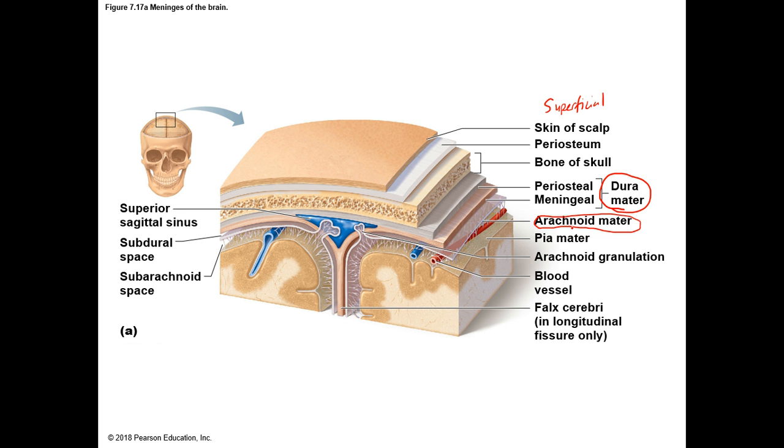This is actually described as very web-like, and if you look here, you can see the web-like part that we're going to talk about. The next one down is your pia mater, and this is going to be the one that's closest, touching up next to your brain. Then you have your brain in here. Hopefully you guys remember your brain. This is going to be the gray matter of your cortex, and this is the white matter.